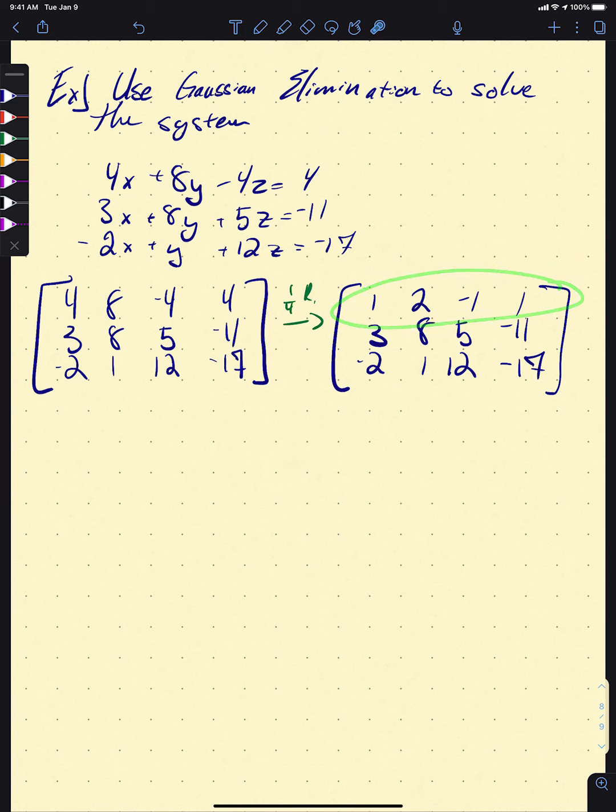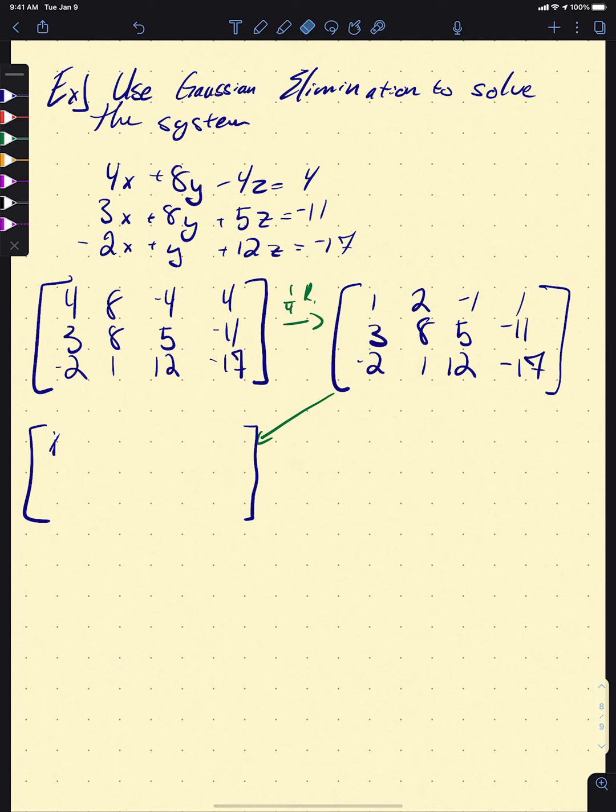But so now we have this, right, where I just divided each of these by 4 to get these entries. And what happens next, okay? Well, the leading entry of each row needs to be to the right of the leading entry above it, which means that if this is the leading entry of the first row, both of these need to be zeros, okay? So how can I get them to be zeros? Well, when I'm trying to manipulate them into a 0, we're going to use the other rows and add multiples of them, okay?